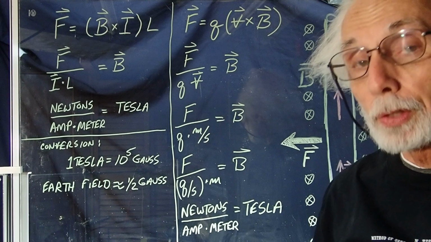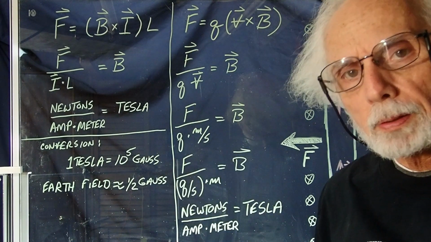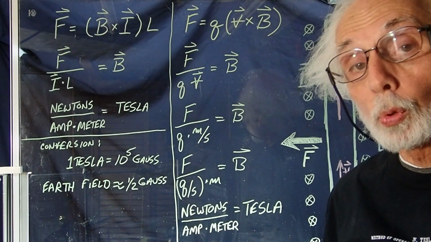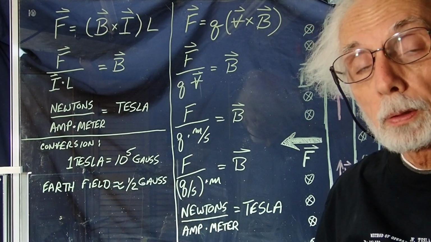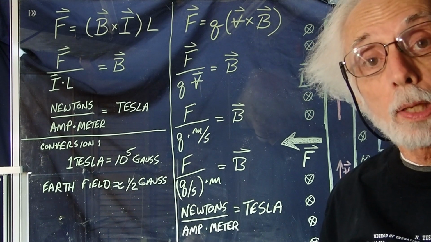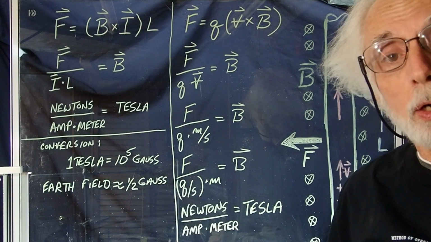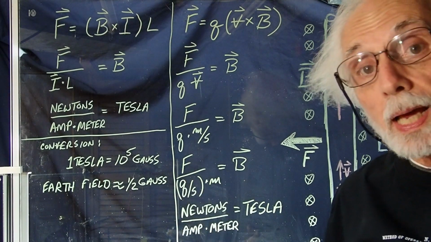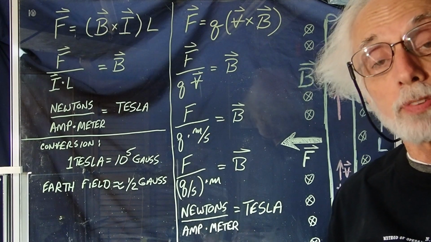So a Gauss is 100,000th of a Tesla. Do you ever use anything that small? Yes, you do, quite frequently. The Earth's magnetic field is pretty weak. It is the field, of course, that aligns a compass needle and points it north, and it is about 1/2 a Gauss. So we've now got a concrete understanding of what this magnetic field is.